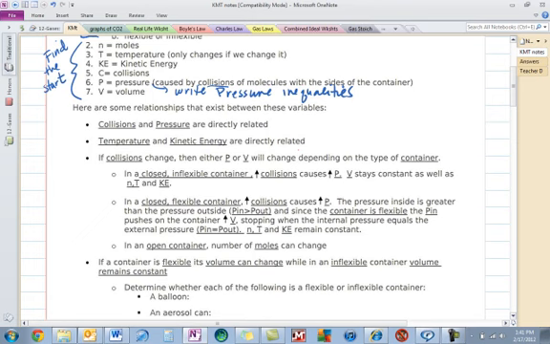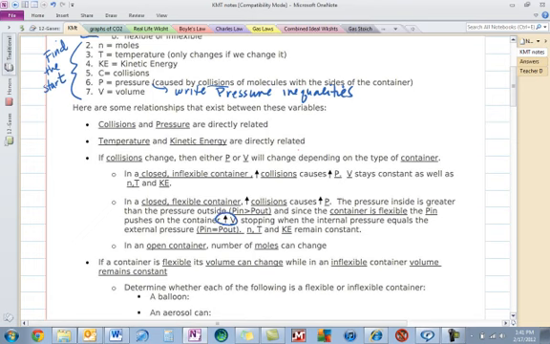Whereas if this was an open container, then the molecules could leave, and temperature and kinetic energy are going to stay the same. But if we have a closed flexible container, as your collisions go up, your pressure would go up, but the pressure inside would be greater than the pressure outside. Since this is a flexible container, the pressure on the inside pushes and actually changes the volume.